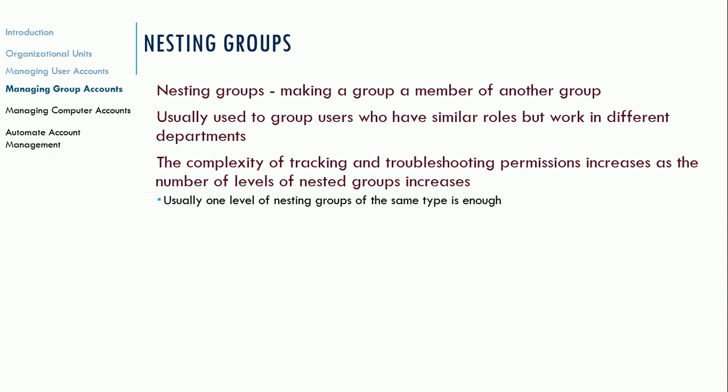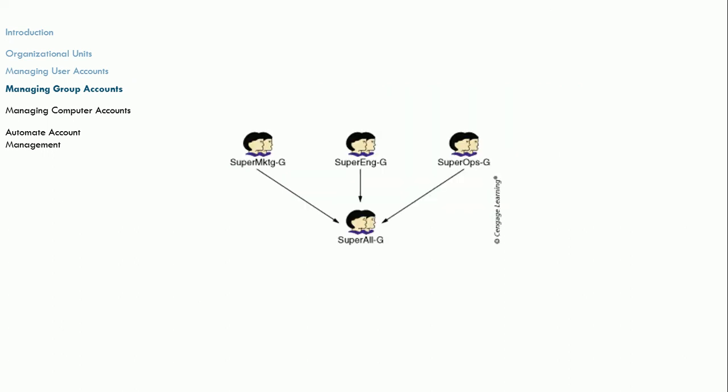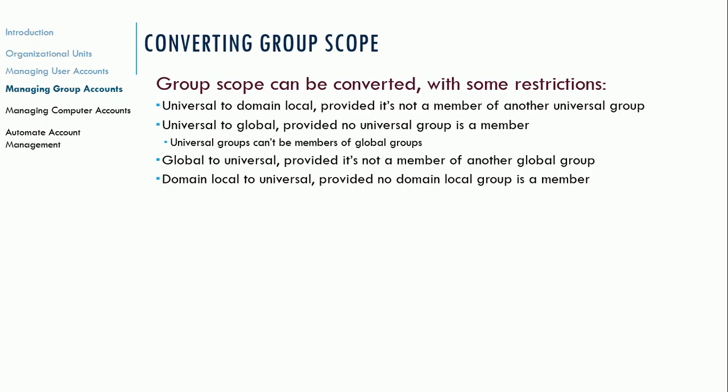So typically, it's best to try to keep just one level of nesting or less in your groups, which would look something like this. If you do any more nesting than this, then it can get rather confusing when you're troubleshooting access to objects because of this nesting of these groups and how permissions are applied. And you'll see in group policy that this can become very complicated when you have a lot of nesting with groups.